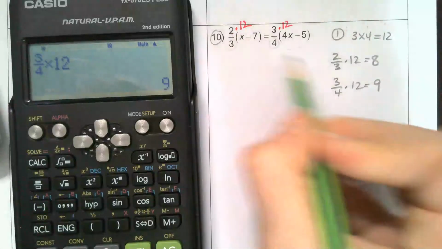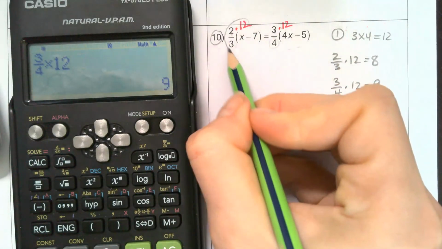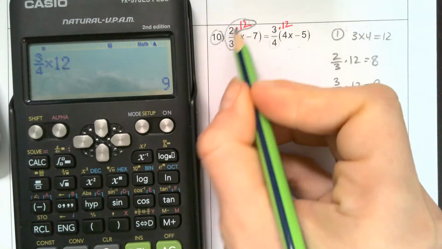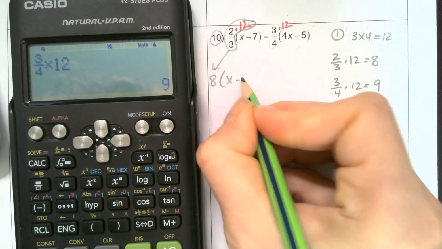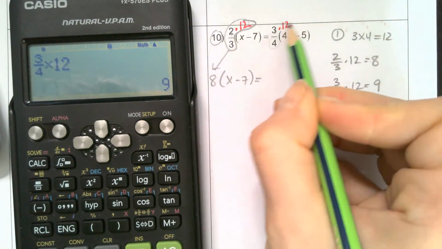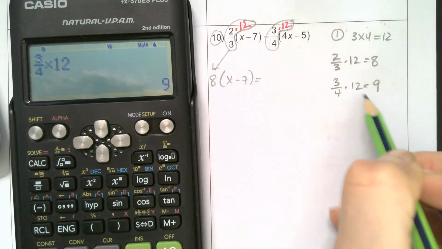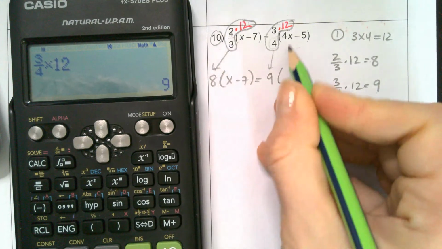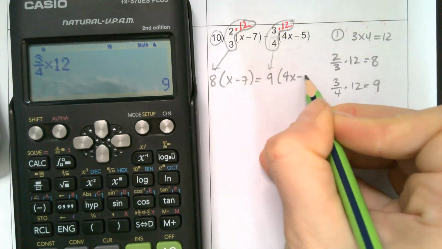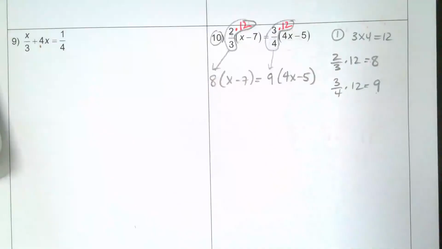So 2 over 3 times 12, this right here, that's equal to 8. And then I still have the stuff in the brackets. And this here is equal to 9. So that's 9, and I still have the stuff in the brackets. Okay.